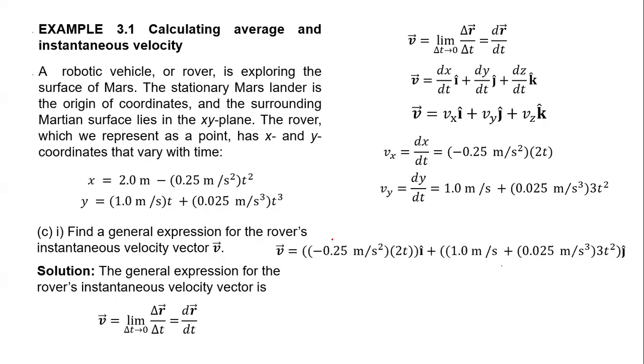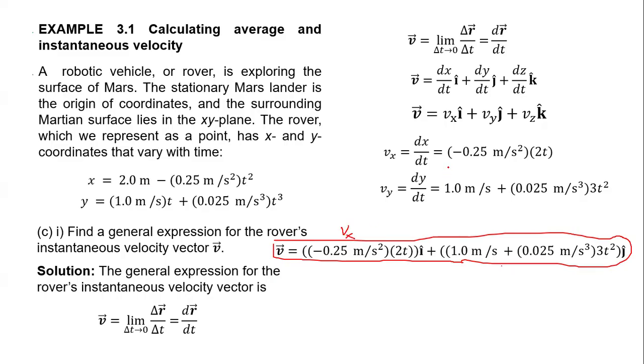So if we put it together, it looks like this. This is the general expression, in terms of component form, i hat and j hat. So this is the Vx in this term, and this is the Vy. The Vz is 0 because there's no z component.